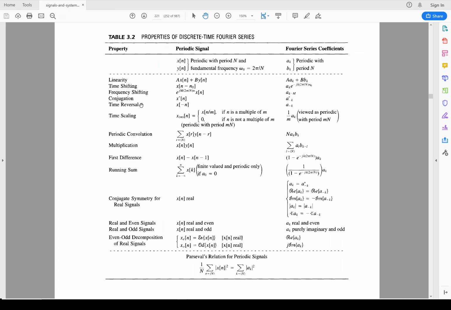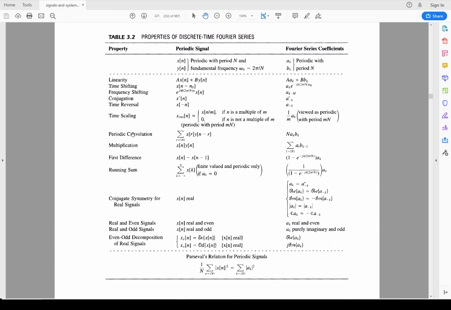Frequency shifting and conjugation are all the same as what we saw in continuous time. Time reversal as well. Time scaling is a little different, but I'll let you look at that on your own. Then there's a duality that exists. We just talked about the multiplication of two signals having Fourier series coefficients that are the convolution of the two Fourier series. And if you convolve in time, the convolution of two signals has Fourier series coefficients that are the multiplication.